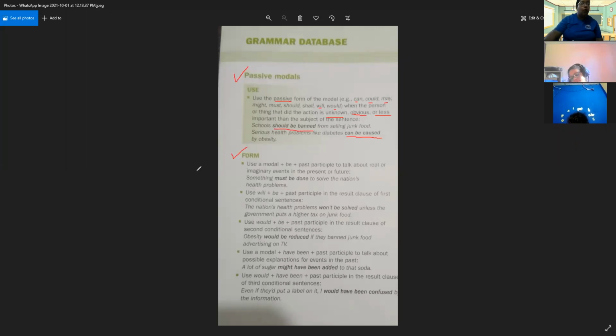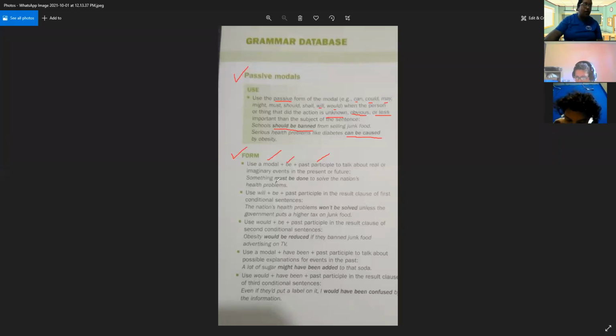Vamos a utilizar, una de las formas es utilizar el modal con el be más el past participle para hablar sobre eventos reales o imaginarios en el presente o en el futuro. Ese sería el orden: el modal más be más el past participle.